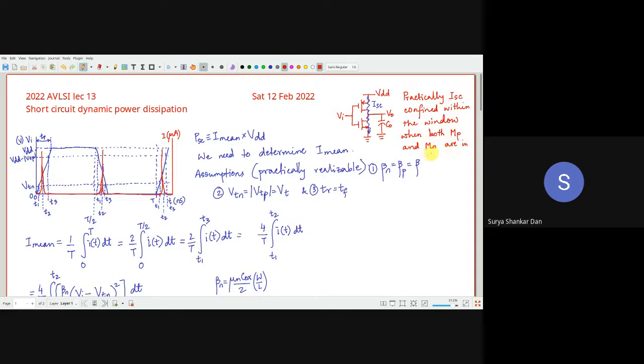This is a very, very important thing for you to remember. In the VTC, the voltage transfer characteristics of the inverter, this is when both the transistors are in saturation. So how does it look?